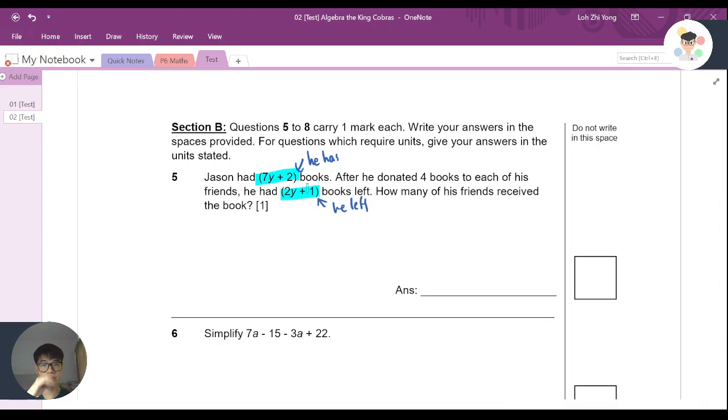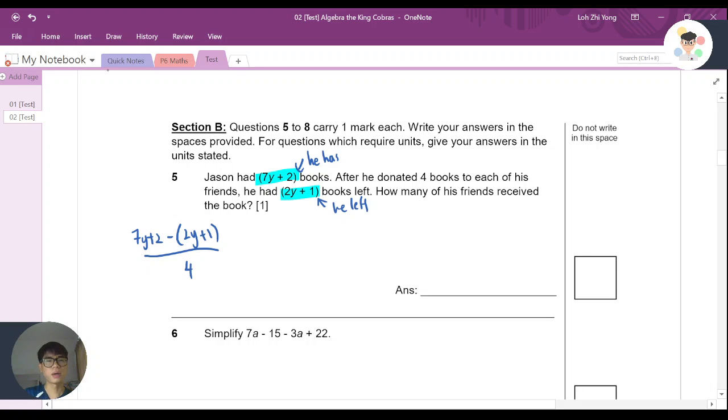Is that correct? So what you need to do is use 7y plus 2 minus, and this is a key thing that a lot of you made a mistake on, minus 2y plus 1. Then he donated 4 books to each of his friends, right? So you need to divide by 4 later on. Actually you can divide by 4 now.